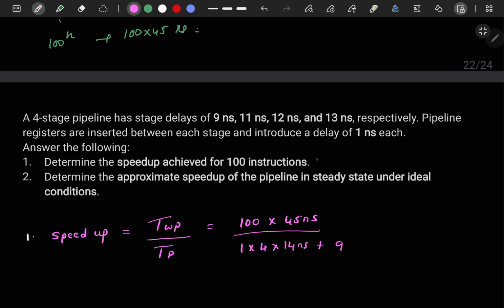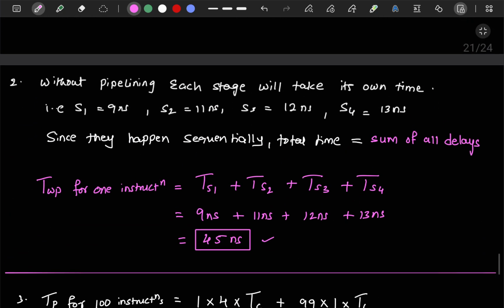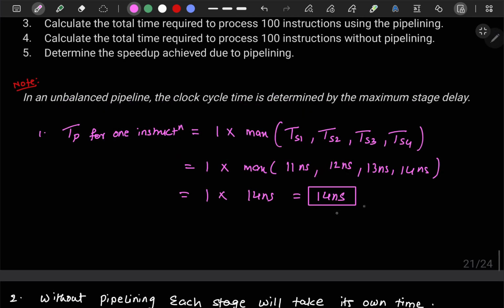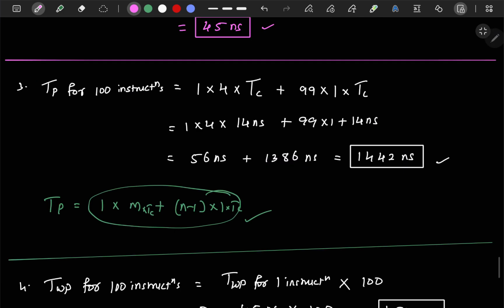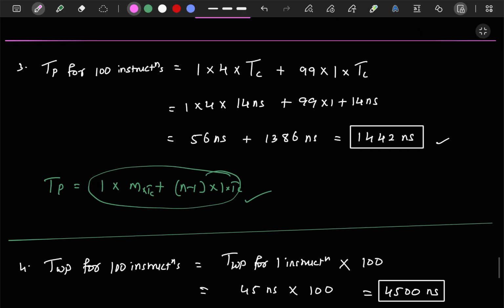Plus the remaining 99 instructions, each taking one stage to complete, at 14 nanoseconds each. We already calculated the time taken for 100 instructions. How did I take 14 nanoseconds?